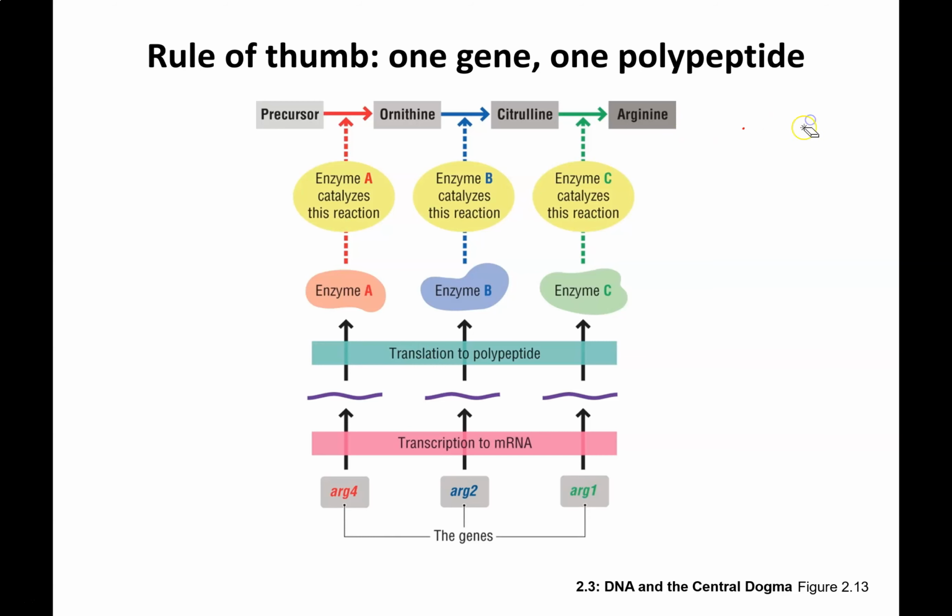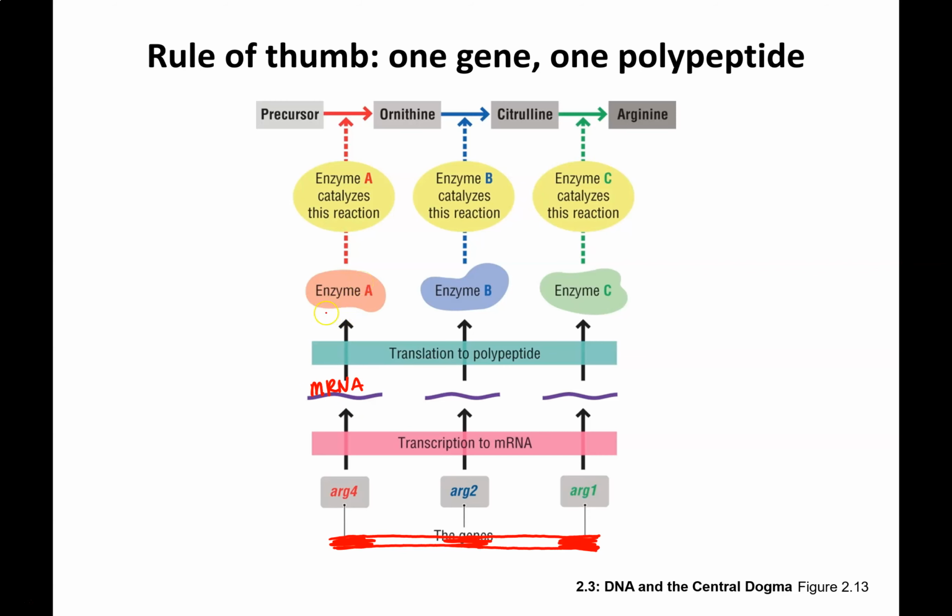So the idea is that in our DNA, or in Neurospora DNA, you have sections, you have genes, and each of those genes is going to encode its own specific protein. Along this pathway that produces arginine, you have three genes that are involved. ARG4 is transcribed into messenger RNA, translated into a polypeptide, which is folded into a functioning enzyme.